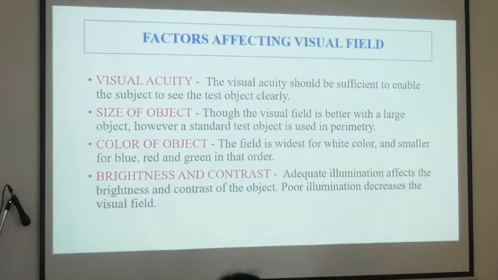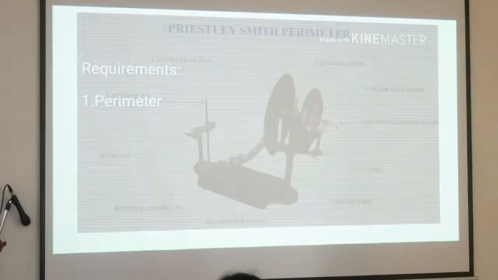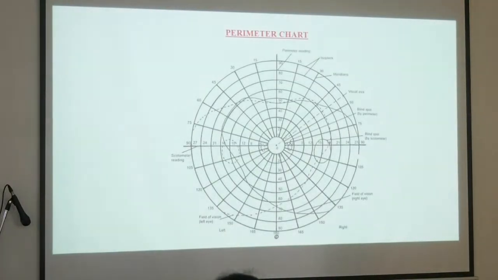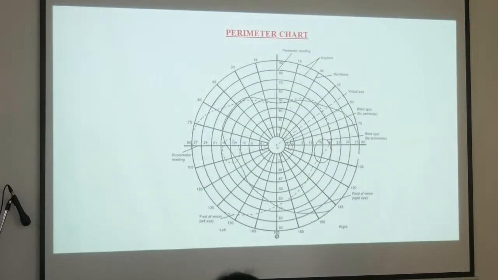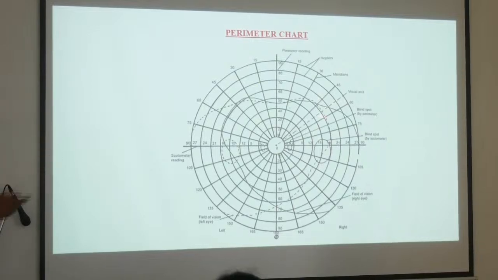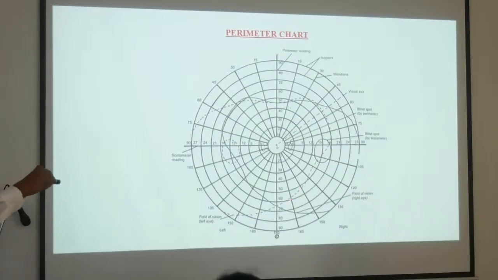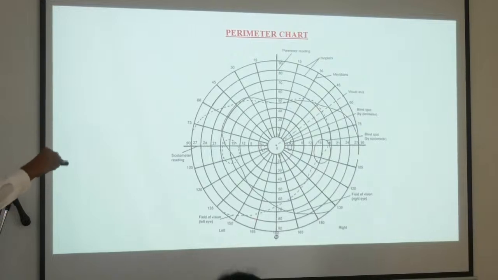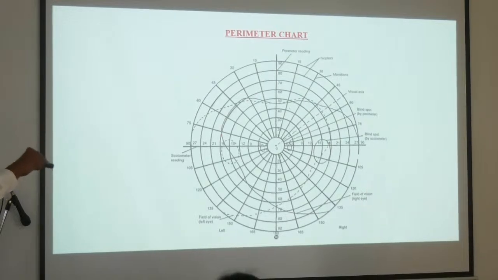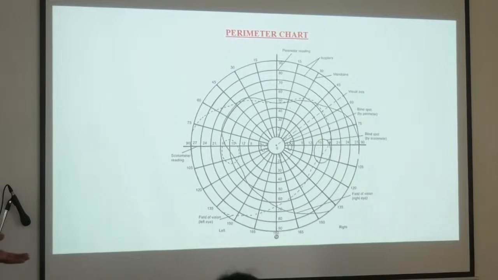Let me show you the chart again. You see the normal visual field is already there in the perimetry chart. The dotted line is the field of vision of one eye, and the solid line is the field of vision for the other eye.